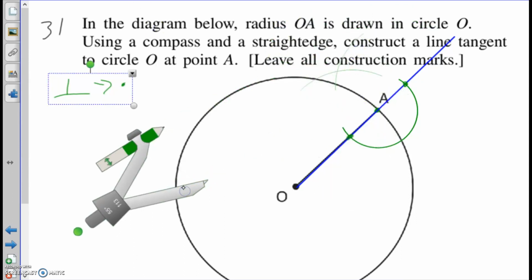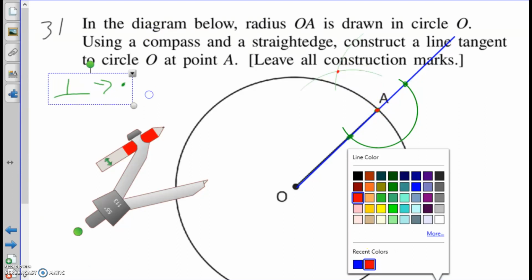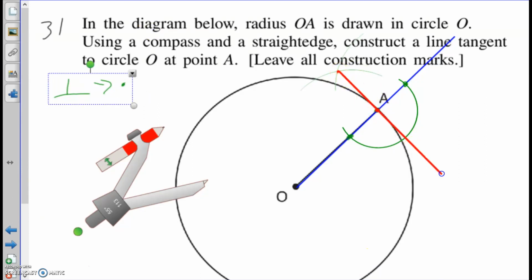Where they cross is the point that I connect to my original pivot point. And that is how we get perpendicular through a point, and that is what a tangent is going to be.